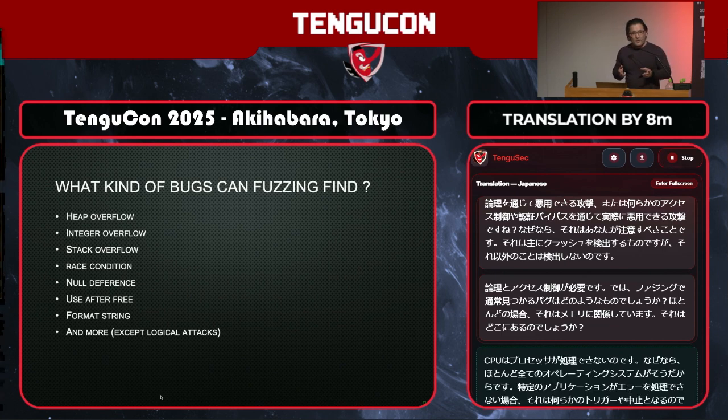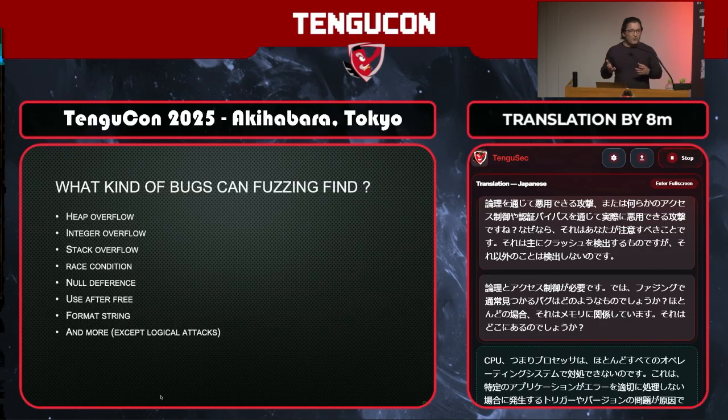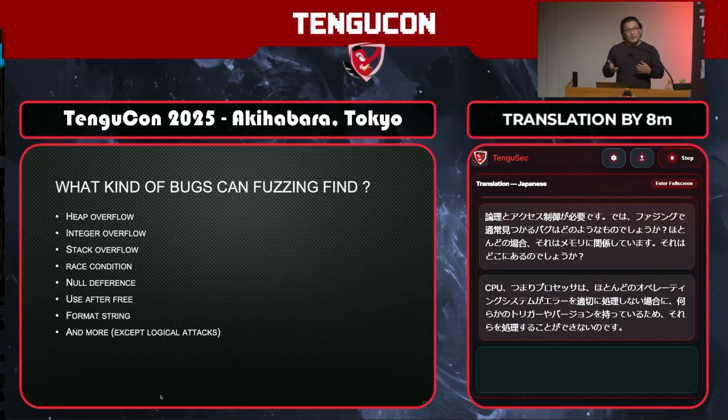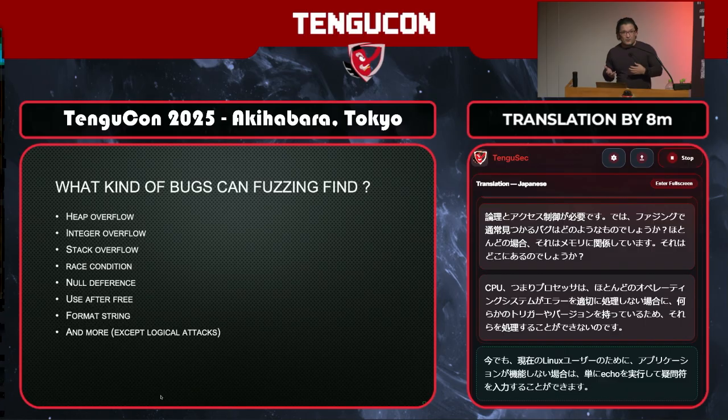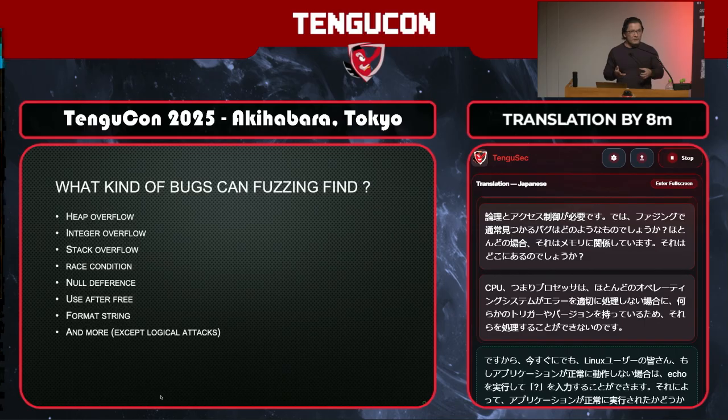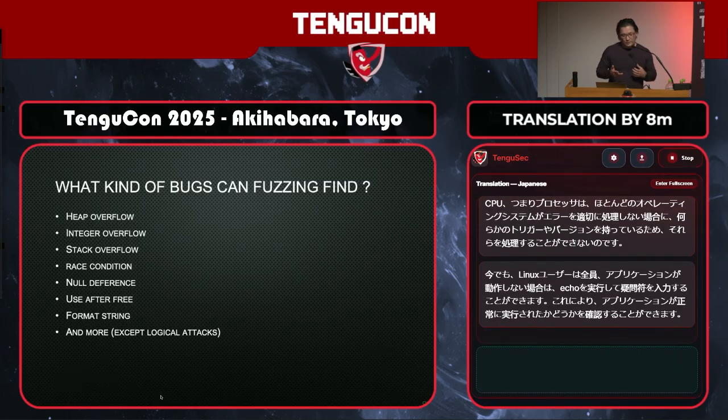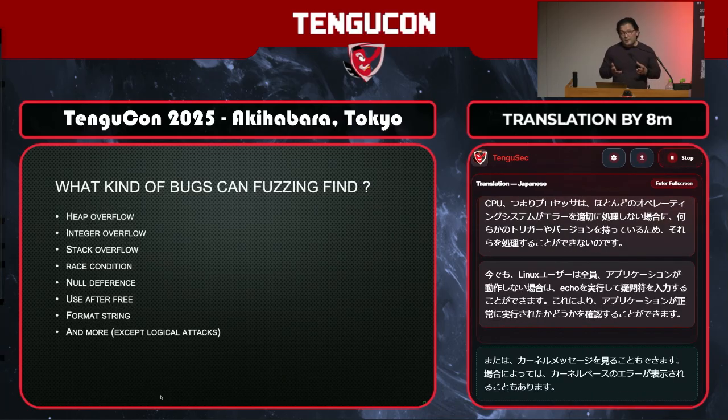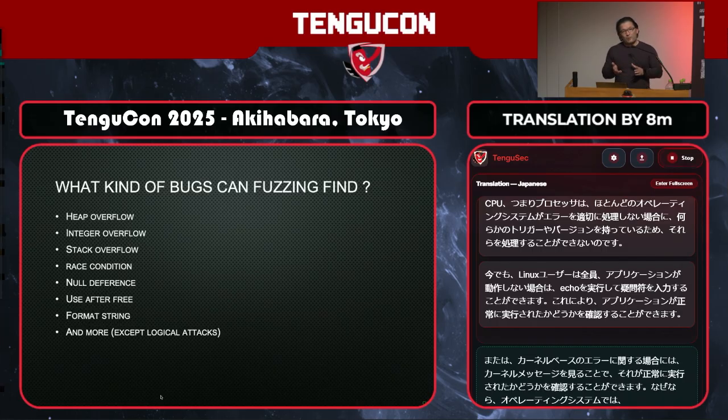Even right now, for pretty much all Linux users, if the application doesn't work, they can just run echo with a question mark, and it tells you if the application executed successfully or not, right? Or they can look at the kernel messages, sometimes for kernel-based errors, to identify if it was executed properly or not. Because in an operating system, everything is written somewhere. But logical errors, obviously, no.